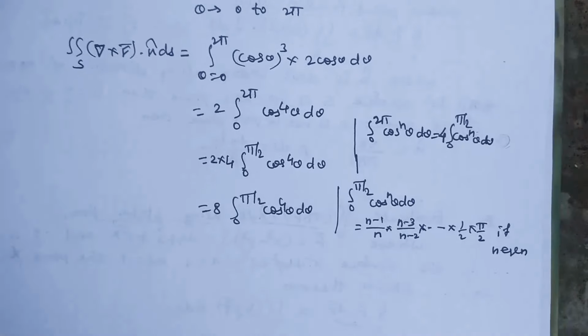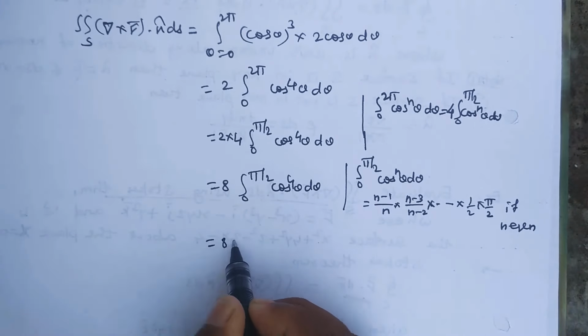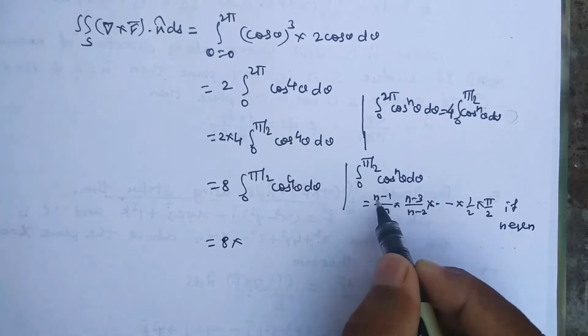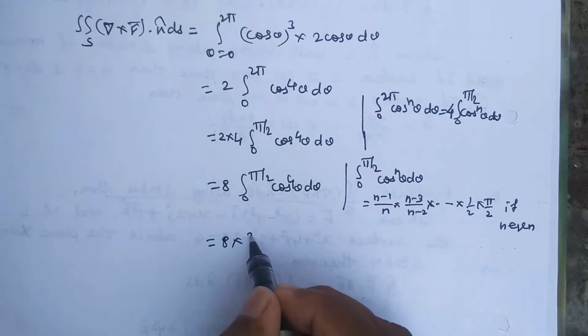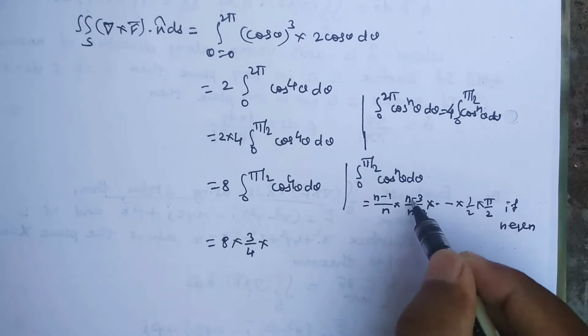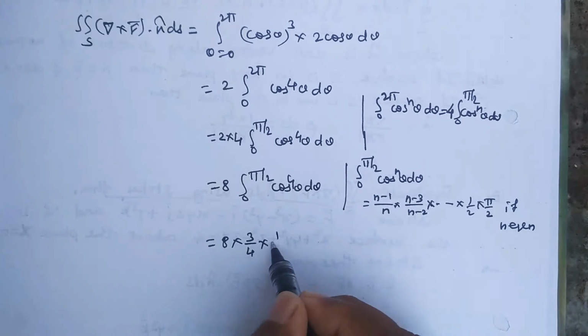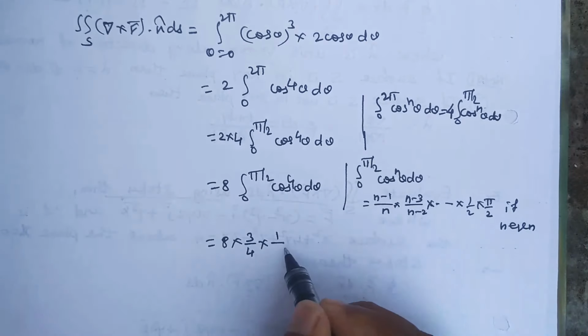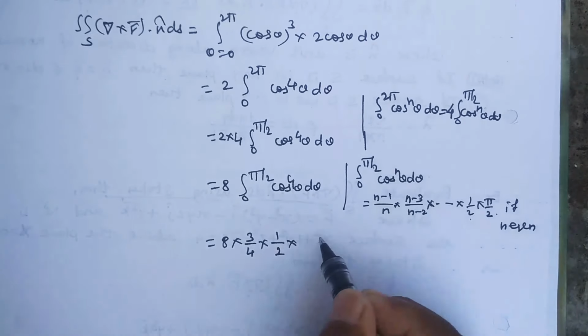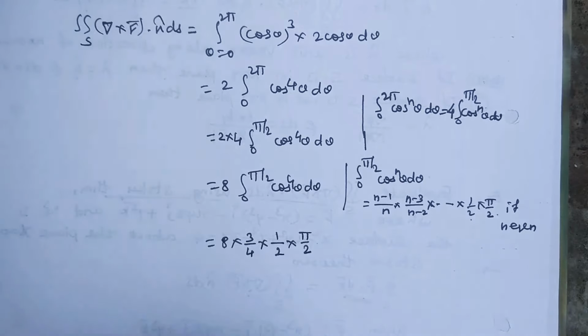This equals 8 times, with n equal to 4: n minus 1 upon n is 3 upon 4, n minus 3 is 1 upon n minus 2 which is 2, and after 1 by 2, pi by 2 is there.